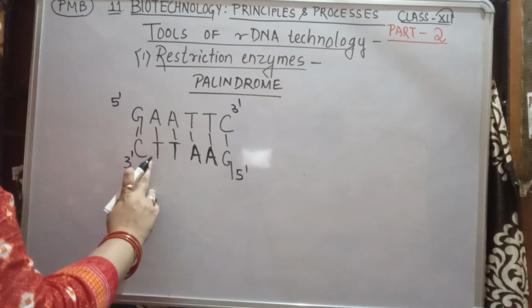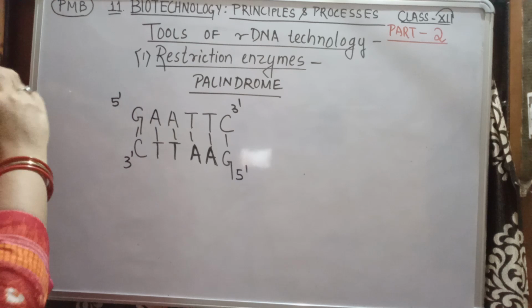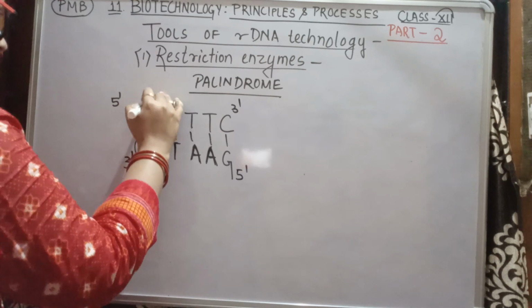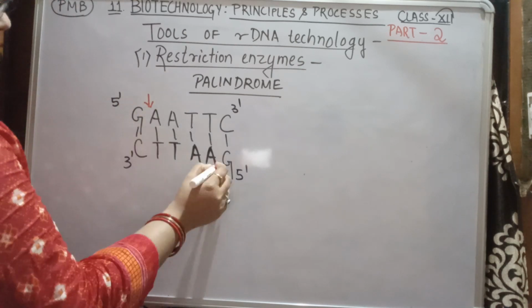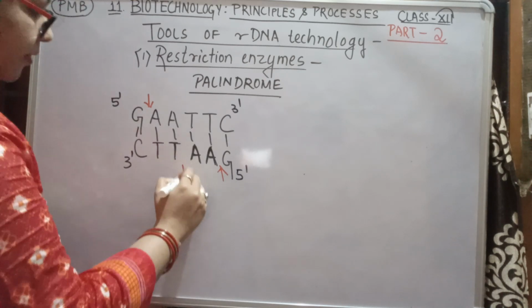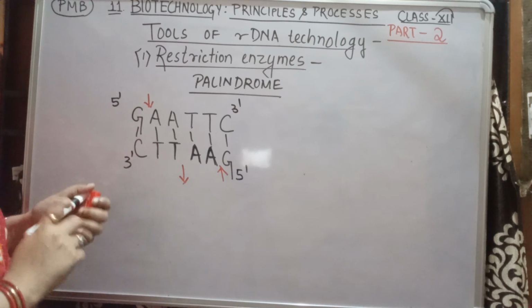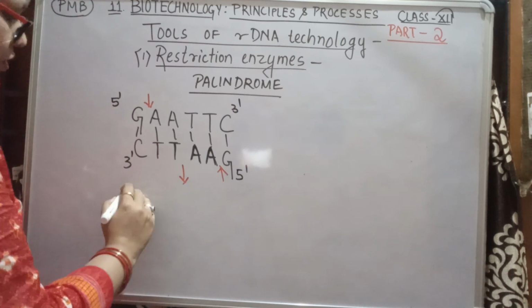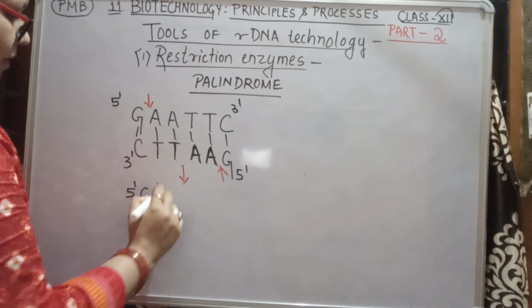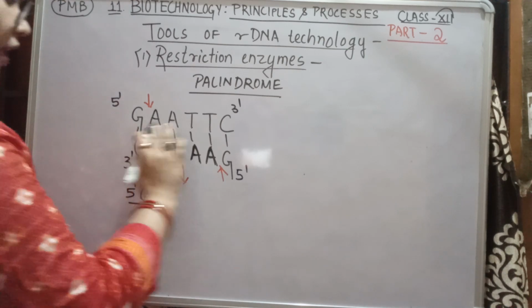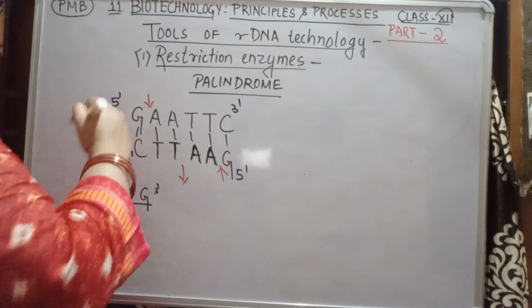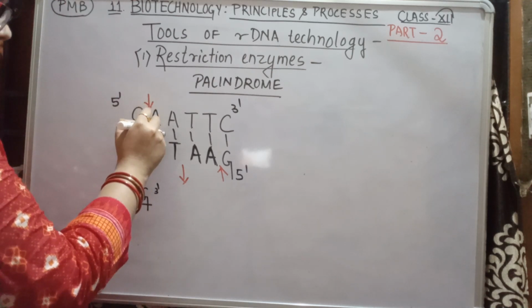Now these restriction enzymes will come and make a cut here and one here. Once these strands are separated, we will get two sequences. This is 5 prime G to 3 prime, which is one we have got, and this would be the other one, because the restriction endonuclease has made a cut in this strand.